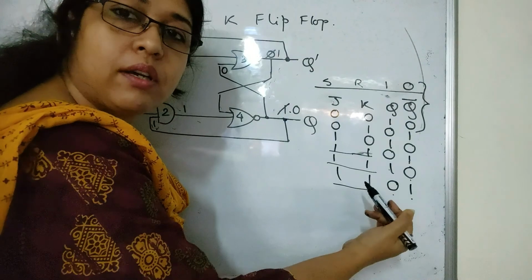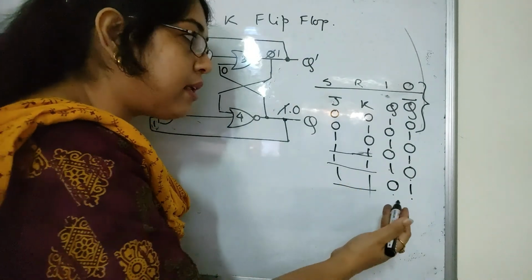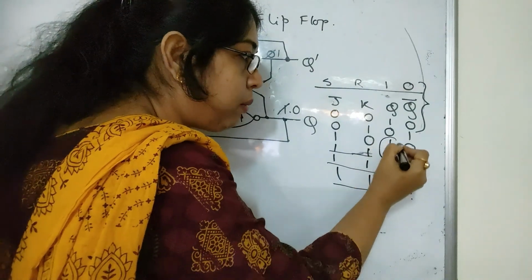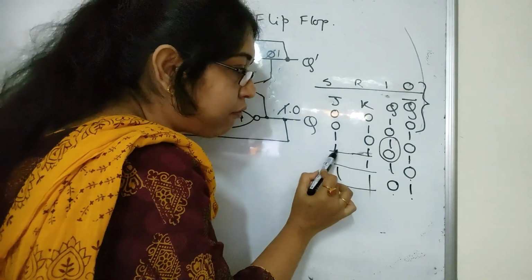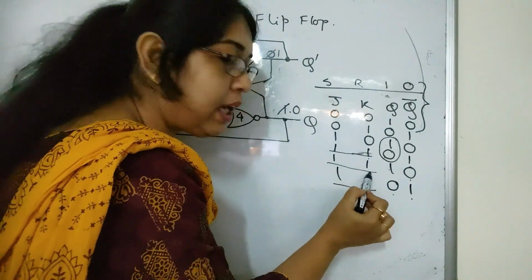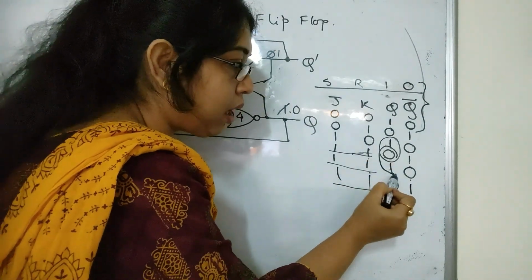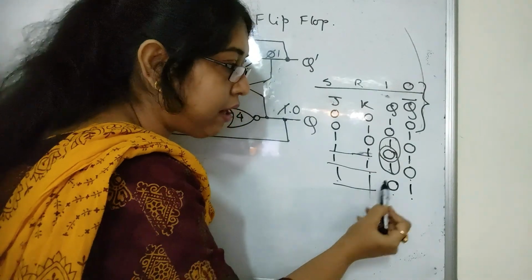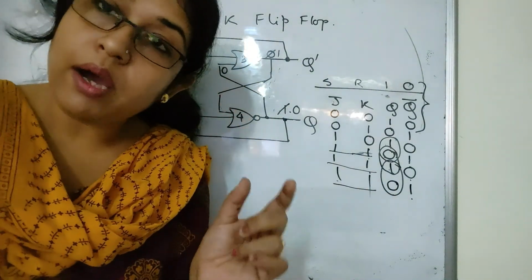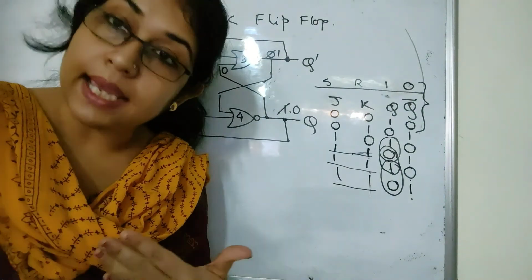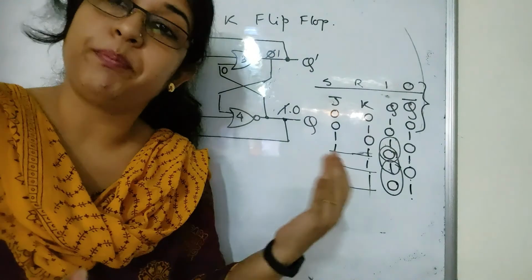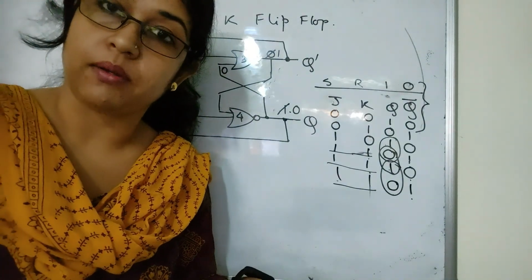So what is basically happening, if we analyze this, we are getting always over here when we gave 1, 1, this 1 became a 0. Over here when we gave 1, 1, this 0 became a 1. Over here when we gave 1, 1, this 1 became a 0. So whenever we are giving 1, 1 as input, we are getting the complement of the previous state as our answer.